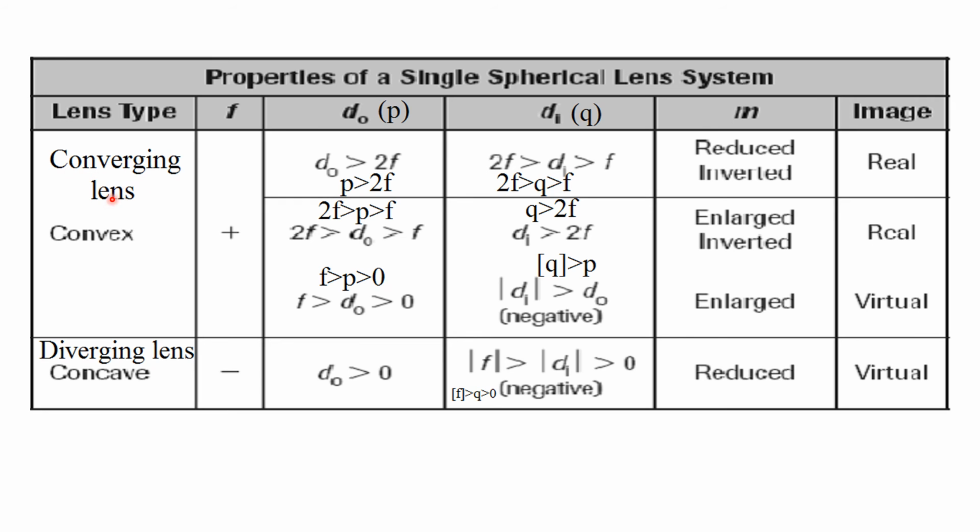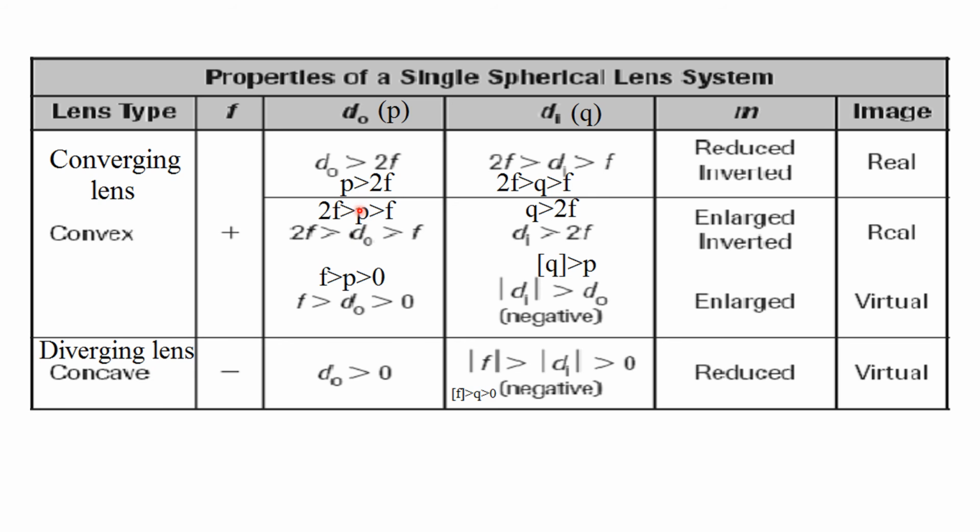For the case of a converging lens, also called a convex lens, the focal distance is always positive. When the object is positioned at a distance larger than 2 times the focal distance, the image is reduced, inverted and real.